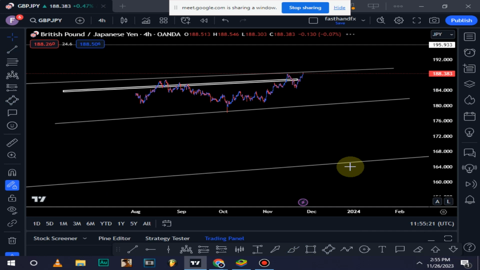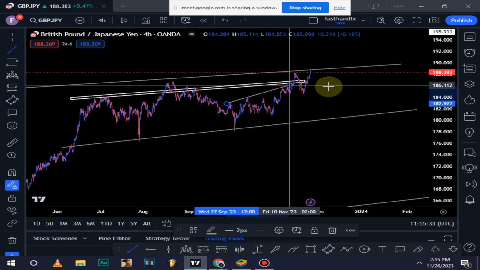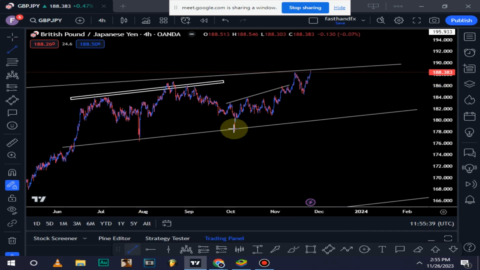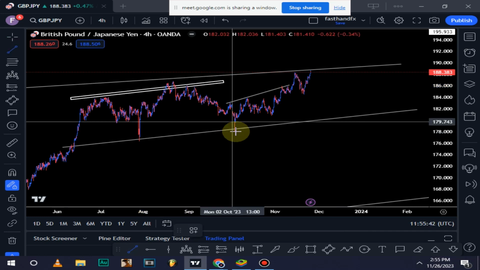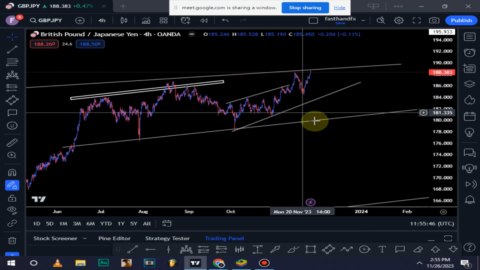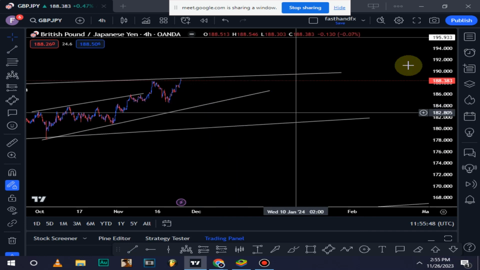So this is the 4-hour. Let's see if we get a trend. 1, 2, 3. Yo, trends within trends. Crazy. Alright. Oh, so it makes sense now. You can see, guys.